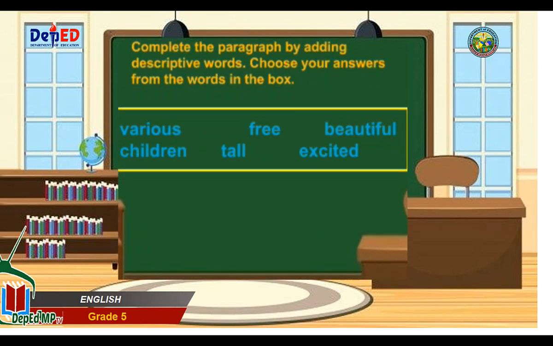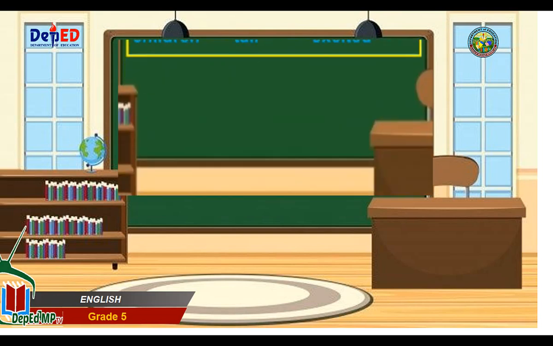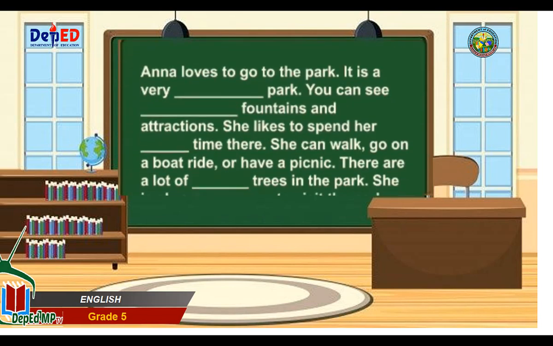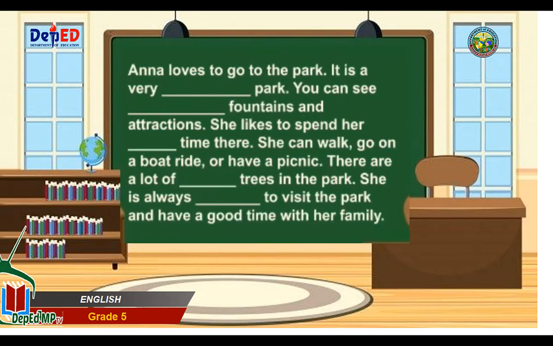Next activity, complete the paragraph by adding descriptive words. Choose your answers from the words in the box: various, free, beautiful, children, tall, and excited. Anna loves to go to the park.